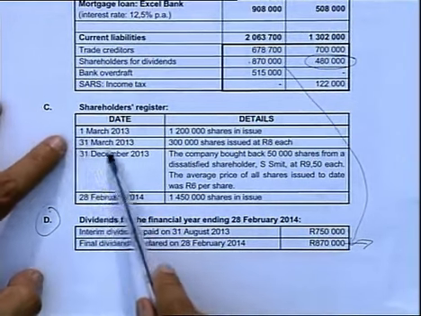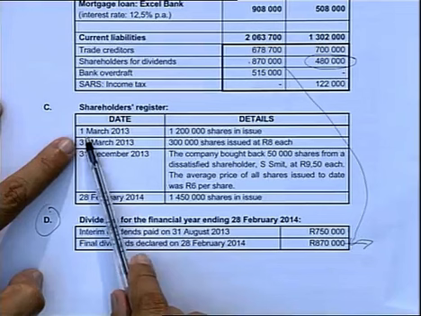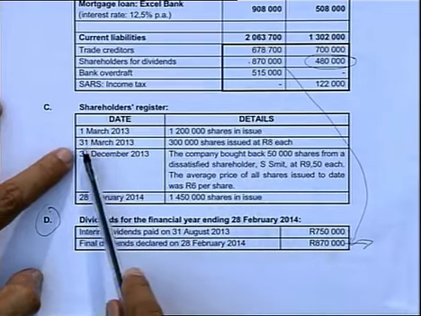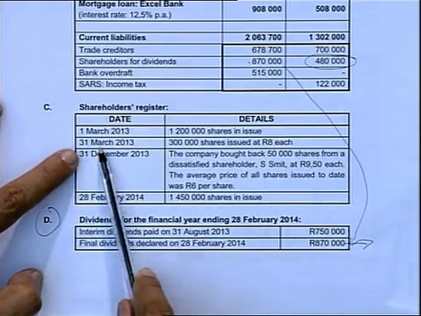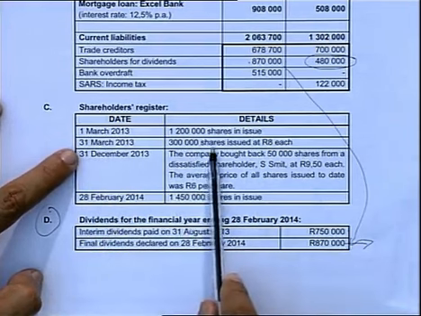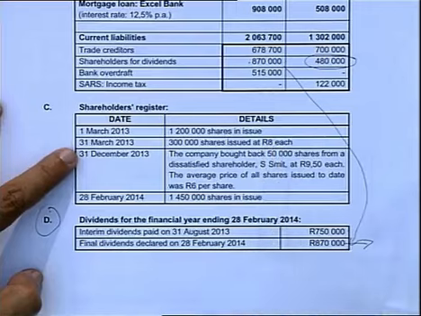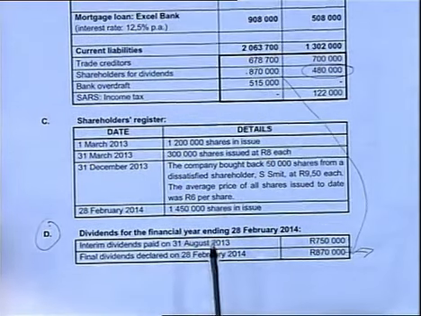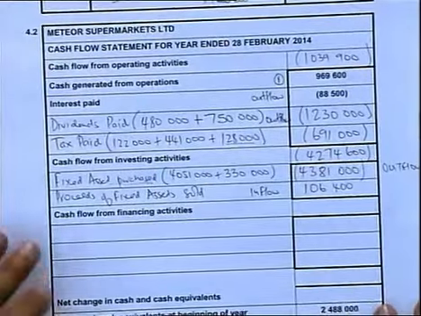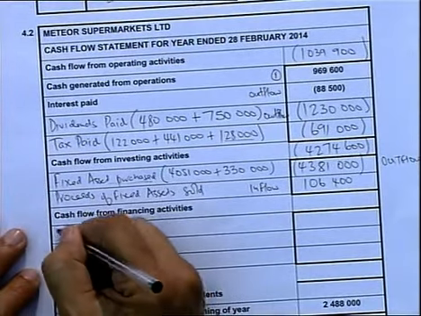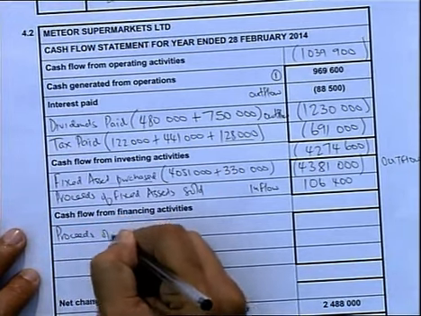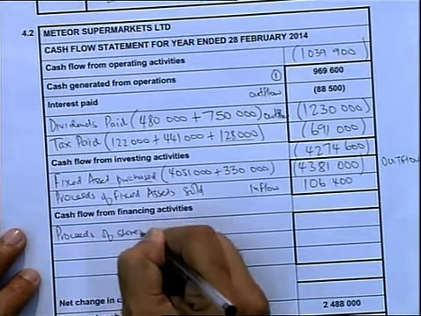Under C, they say at the beginning of the financial year, there was 1.2 million shares in issue. On the 31st of March, 300,000 shares were issued at 8 Rand. That means we've issued new shares, money has come into the company. So your first line here will be proceeds of shares issued.